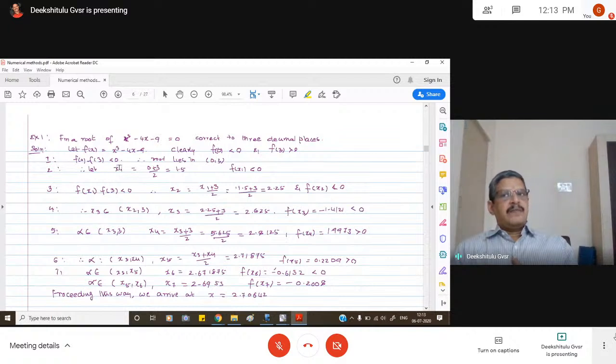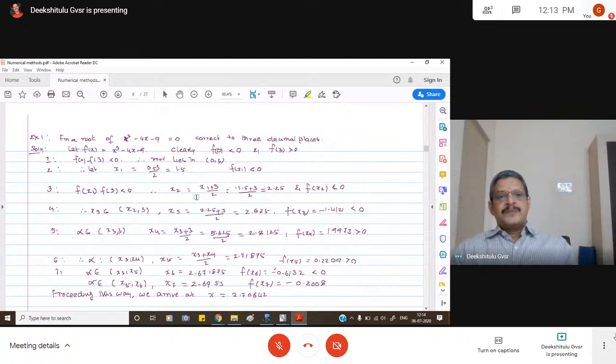So the first approximation is the midpoint of this interval, x1 is 0 plus 3 by 2, 1.5. Calculate f of x1, it is less than 0. Then f of x1 is less than 0 and f of 0 is less than 0, so there is no point in considering this interval. Now f of x1 at 1.5 is less than 0 and f of 3 is greater than 0, so the root lies between x1 and 3.